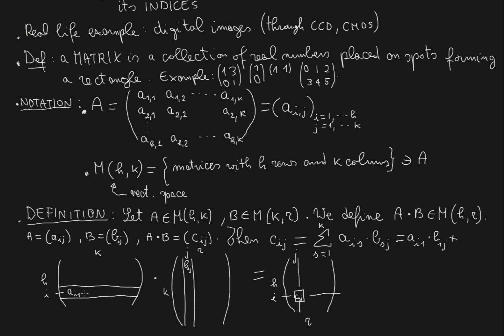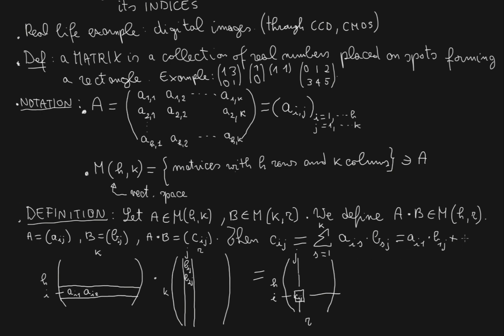The second summand will be the one obtained for s equal to 2. So we will be at the second coefficient in both vectors: in the ith row we have the second coefficient ai2, and here we have b2j.